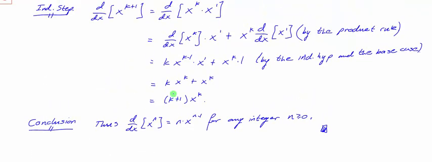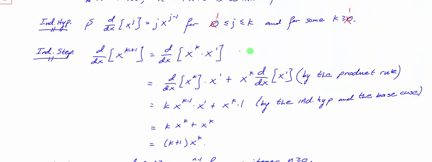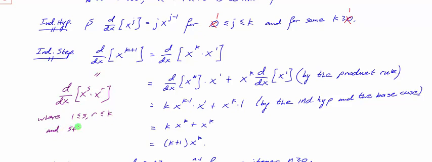Over here, if I wanted to use strong induction, then I would simply break this up. I guess I didn't mention that. I would break this up instead of writing it that way. I would say that we would have the derivative with respect to x of x to the s times x to the r, where s and r are greater than or equal to 1, less than or equal to k, and s plus r is equal to k plus 1.